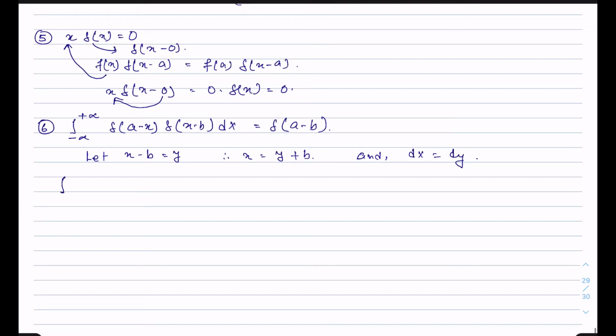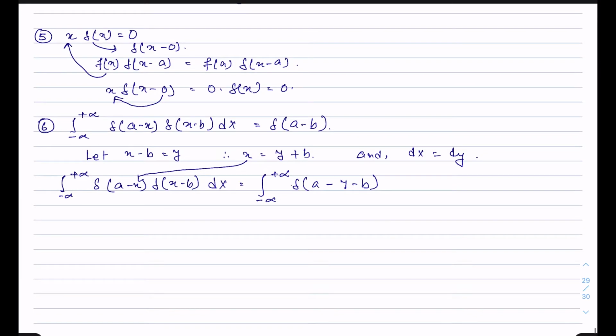So our integration becomes the integral from minus infinity to plus infinity of delta(a minus x) delta(x minus b) dx, and the limits will remain the same, minus infinity to plus infinity. Now the argument of this delta function becomes a minus y minus b, since I am putting x equals y plus b in place of a minus x.